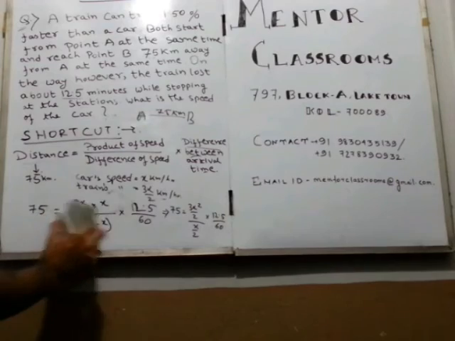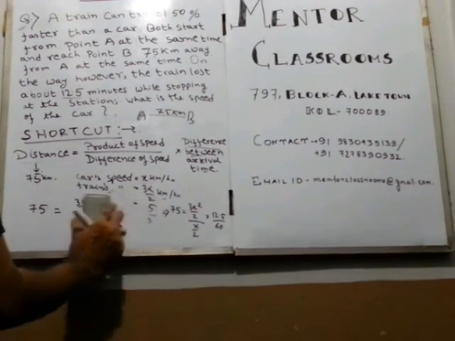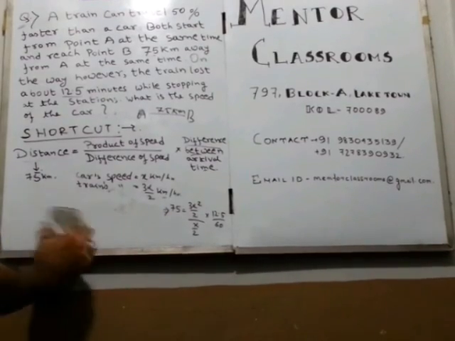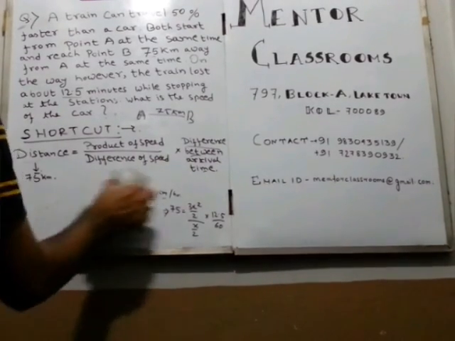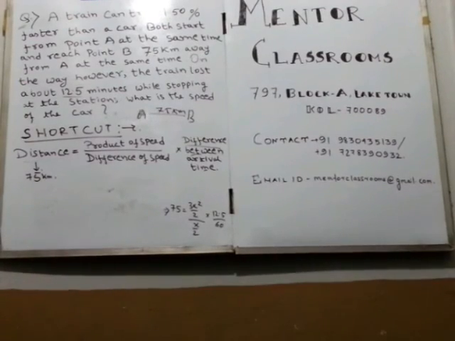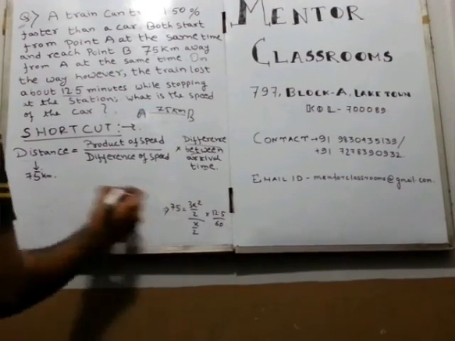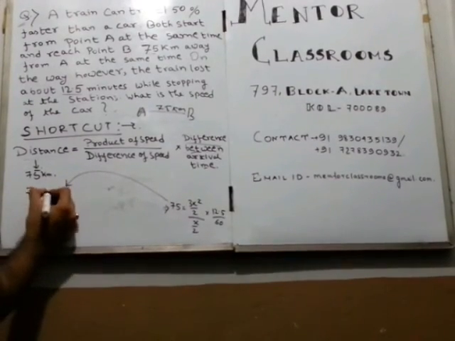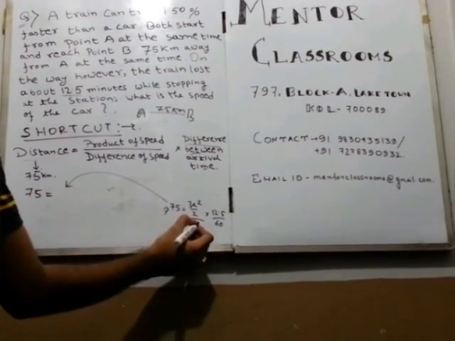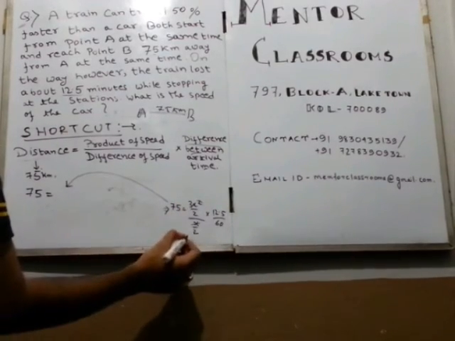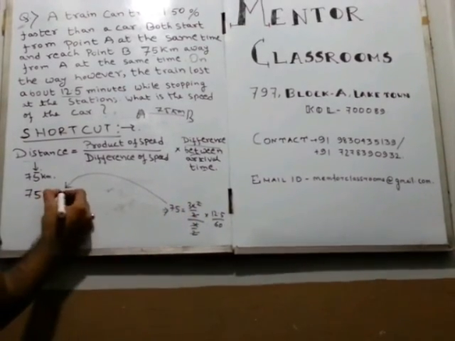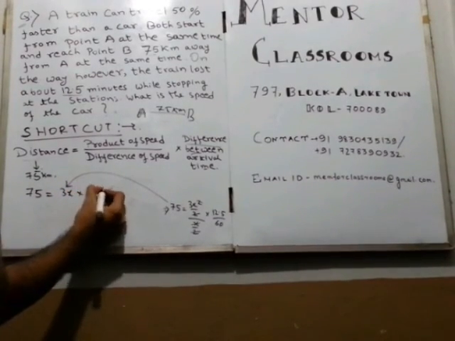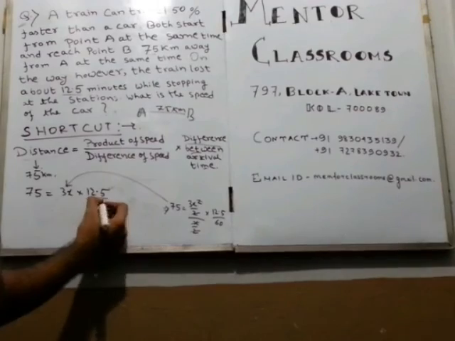As there is no space, we will write it here. So 75 equals, we cancel x, cancel 2, so 3x multiplied by 12.5 by 60.